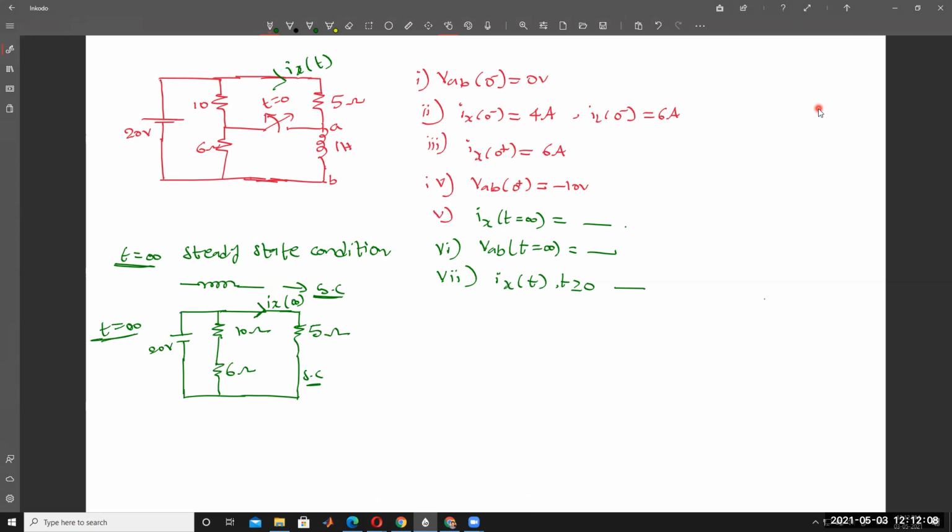Then what is the current flowing through the 5 ohm resistor?